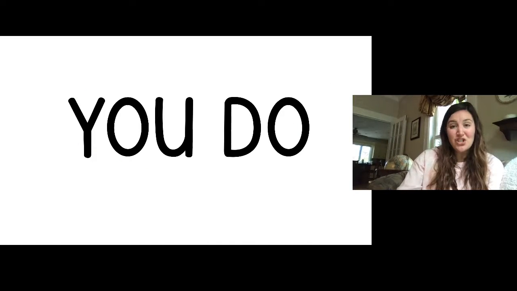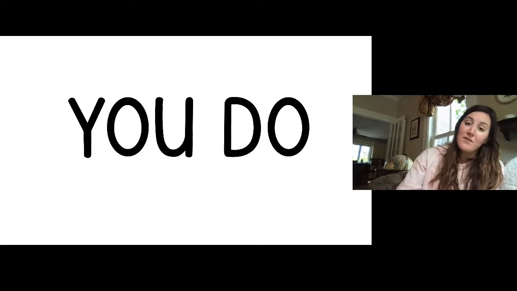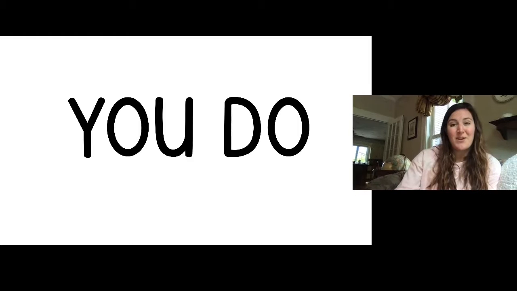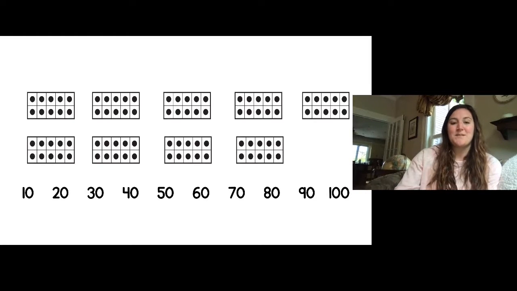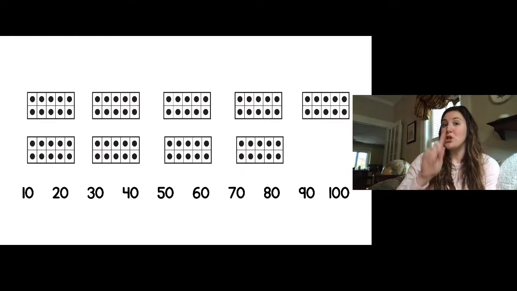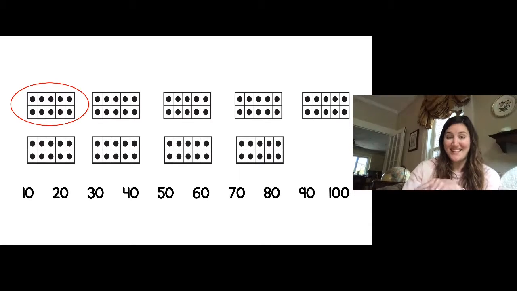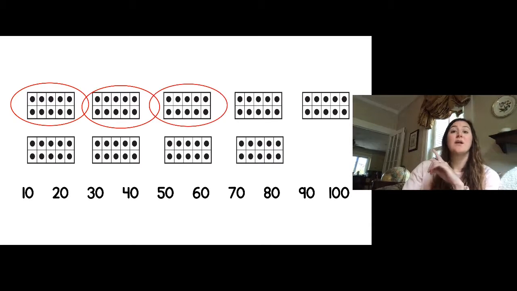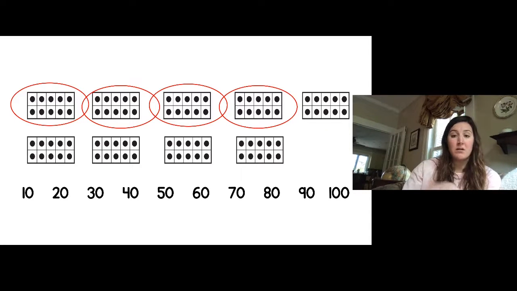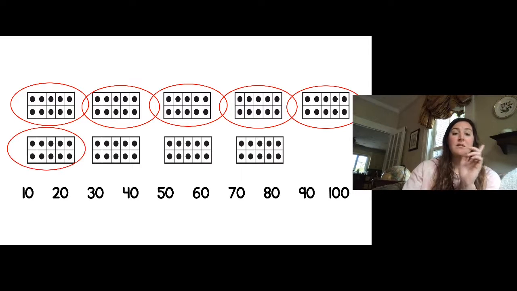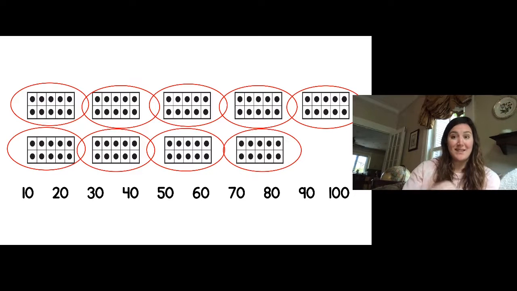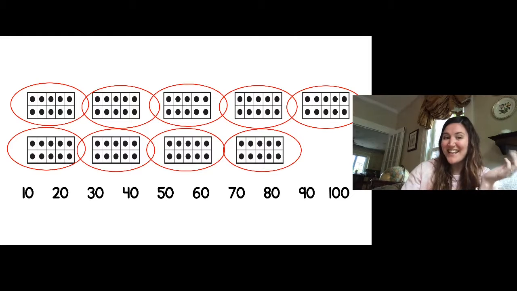Okay, now it's your turn. I will circle them. You count by tens by yourself, and then we can find it on the number line. Okay? This one's for you, so I'll circle it. You count by tens. Did you get it? How many?